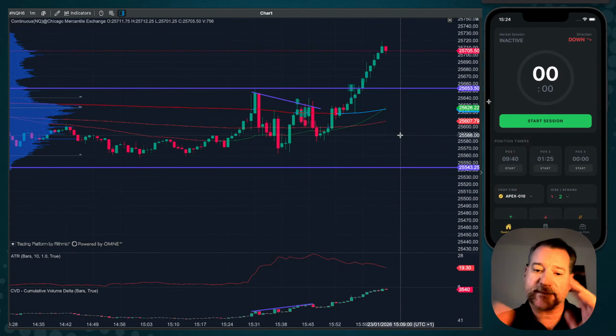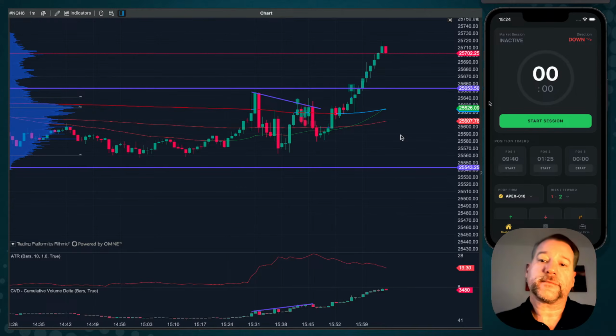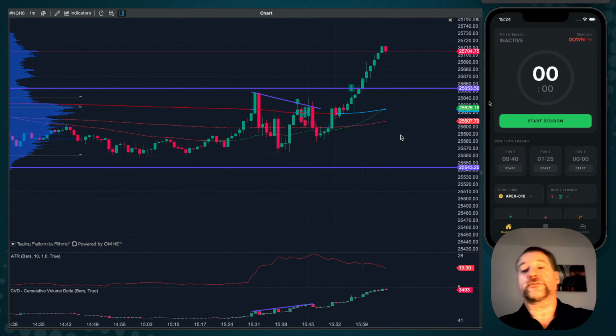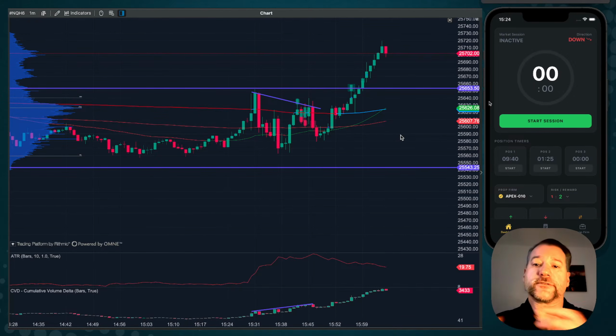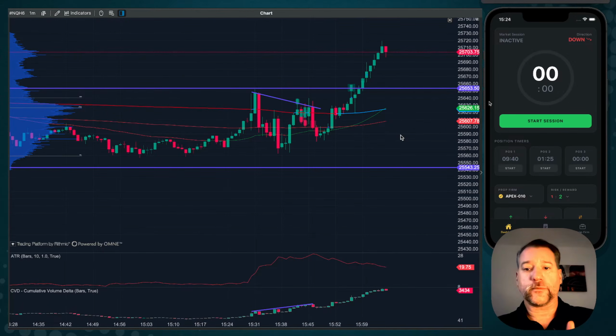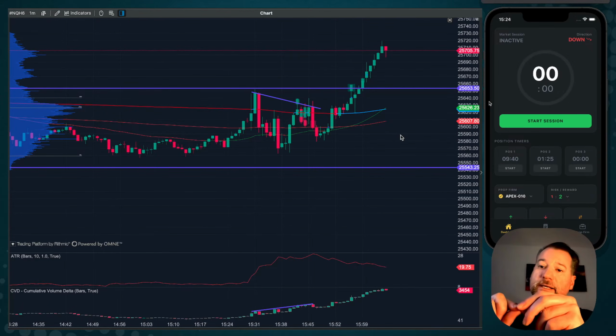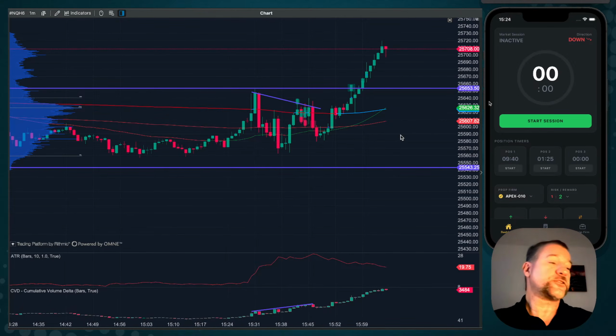Okay, but the timers are going to allow you to take it easy, take some breath. You can have a cool off time, because if you're a very emotional person, so emotional that you cannot take a clear decision, you have the cool off time. You can set up to 5 minutes. If you're in a trade, you basically recalibrate your stop loss and take profit, and just walk away.